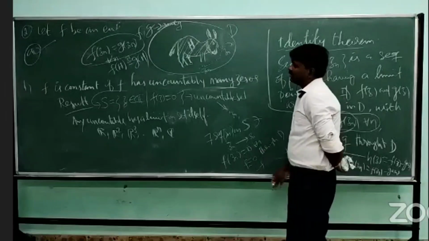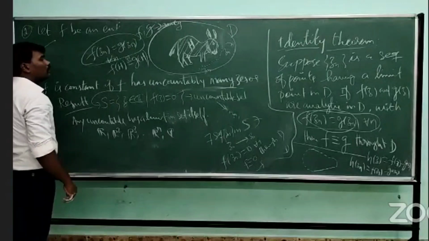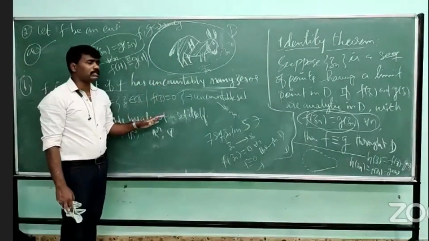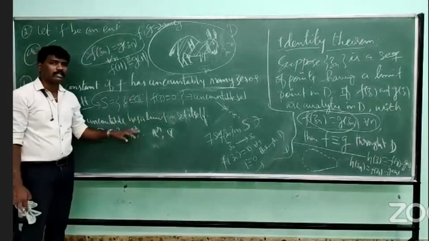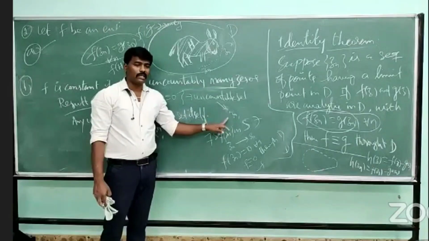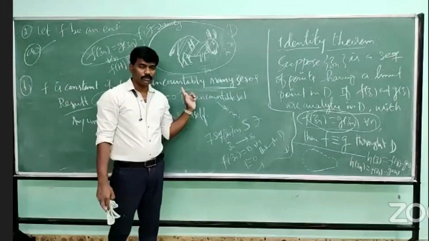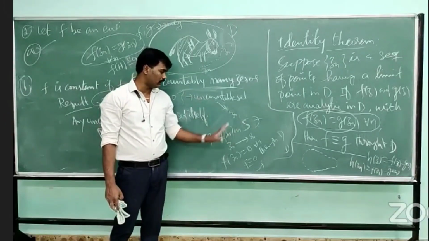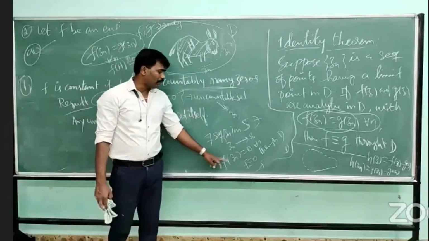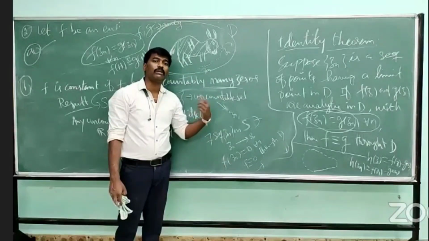Zero function is a constant. Therefore, option B is true. Are you getting my point? F has uncountably many zeros, and the result says any uncountable set has a limit point. Suppose I call that limit point z0. Then there is a sequence zn in S, from the zero set, such that zn goes to z0, and f of zn equals 0 for all n, since every element in S is a zero of f.